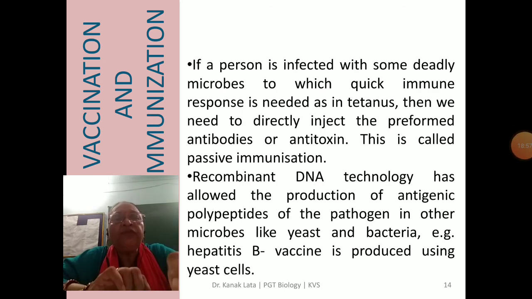Next, if a person is infected with a deadly microbe and a quick immune response is needed, as in tetanus, then we need to directly inject the preformed antibodies or antitoxin. This is called passive immunization.